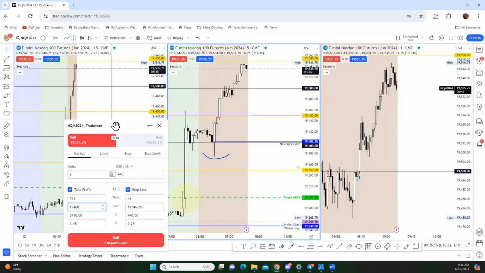But I like this right here, I really will say. And putting the risk at the top, this could be a nice area. So I'd really like to see some 5 minute confo though.